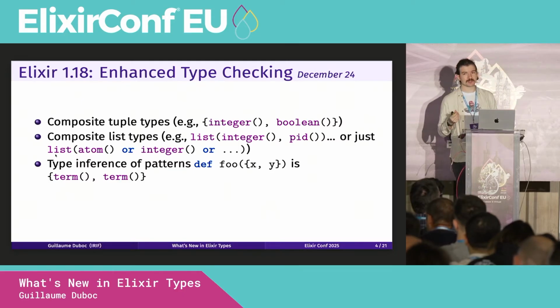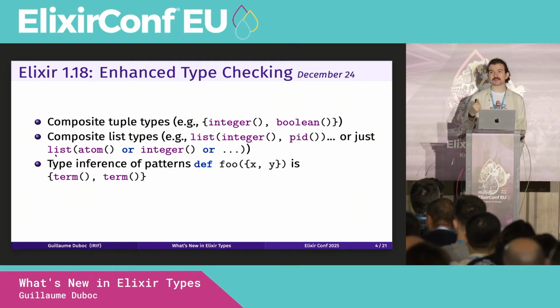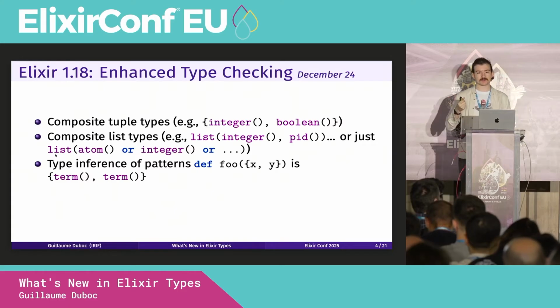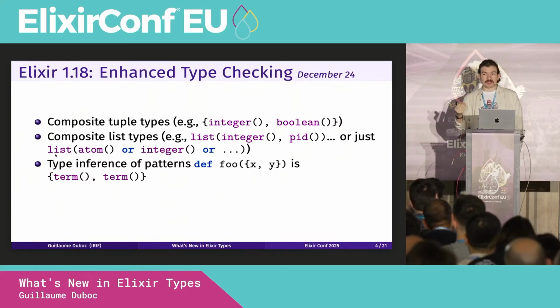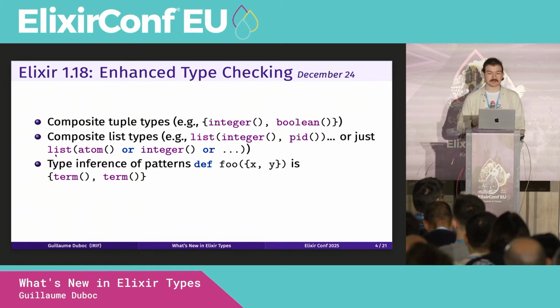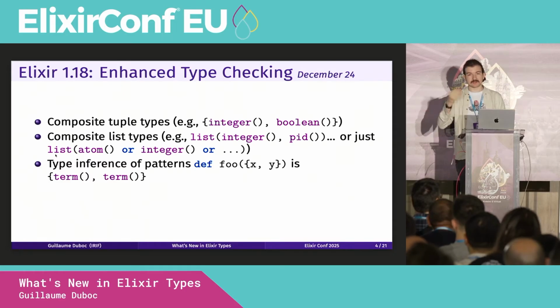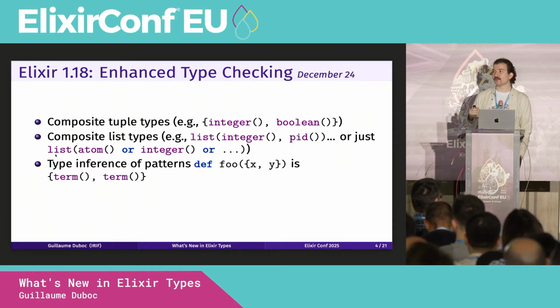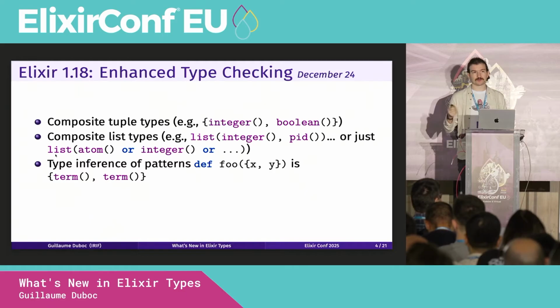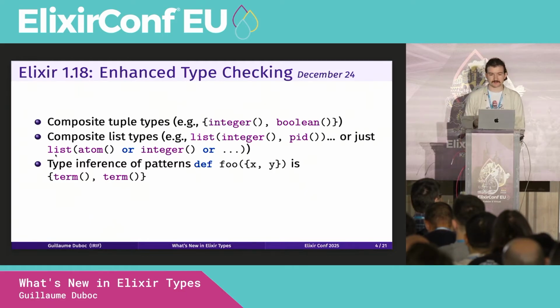So functions being defined using patterns mean that we can ask the question, given a pattern, what is the type of values that match this? And in this case, it's the pair of any values, term being the type of all values that exist.